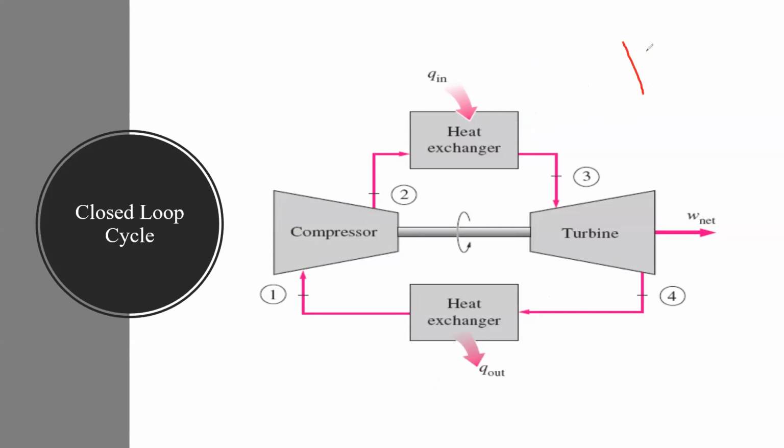First is the isentropic process, which I already covered in the Carnot cycle, and second is the constant pressure process. These two processes are performed in this closed loop cycle.